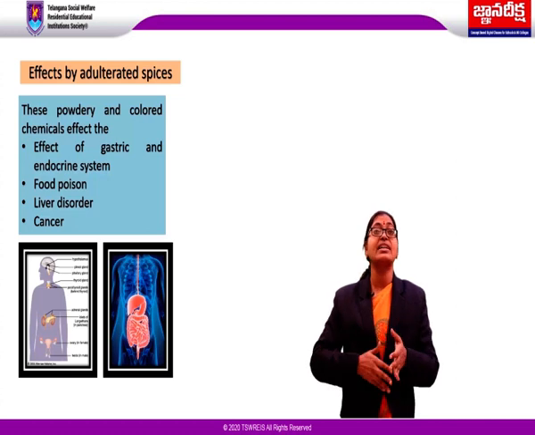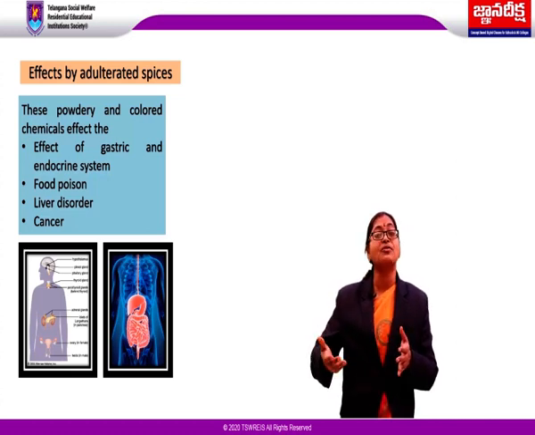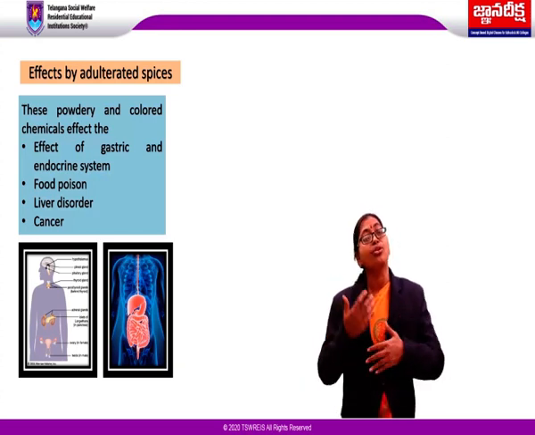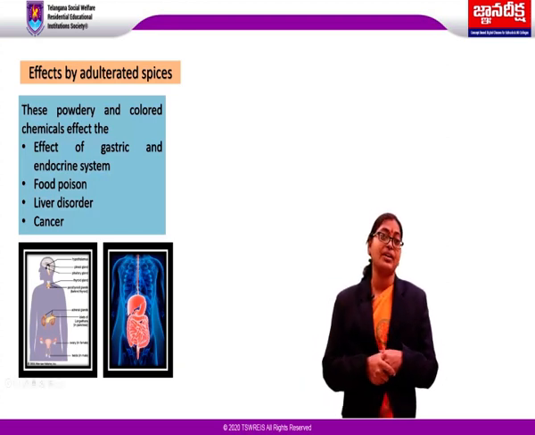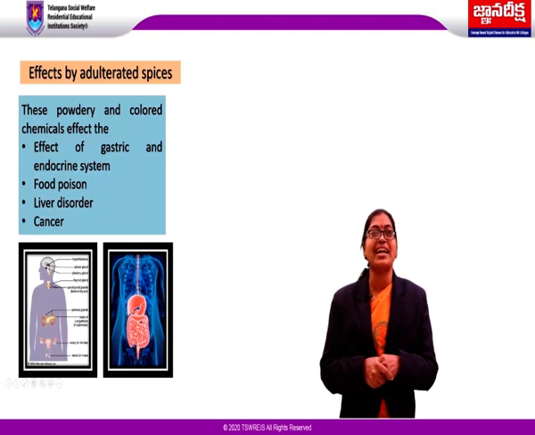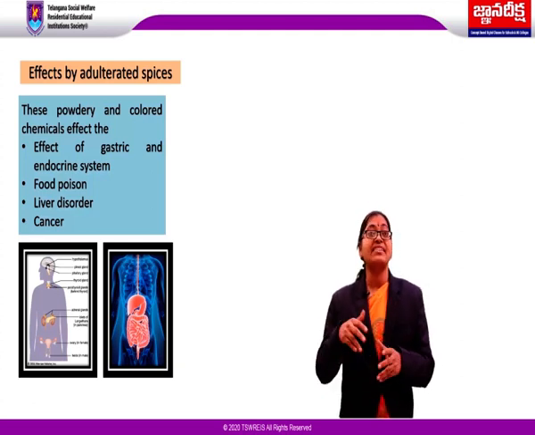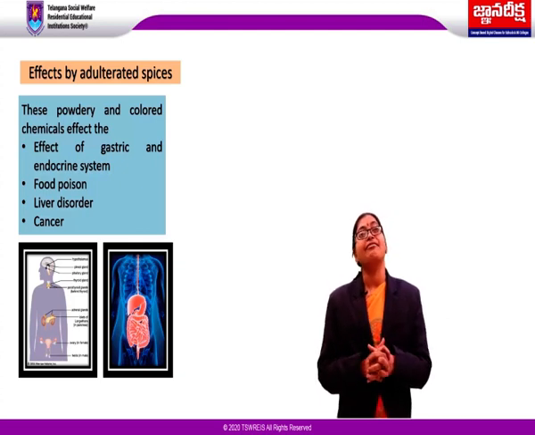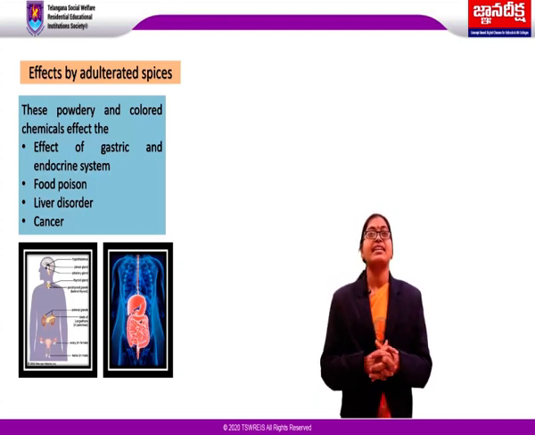Right? These organs are involved in the secretion of hormones. These hormones are responsible for the development and growth of the human body. Endocrine glands are generally called ductless glands. Other symptoms are food poisoning, liver disorder, and finally cancer also takes place.